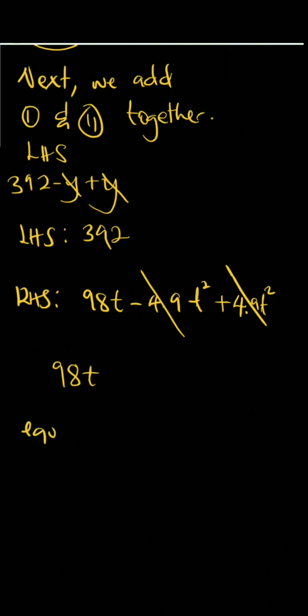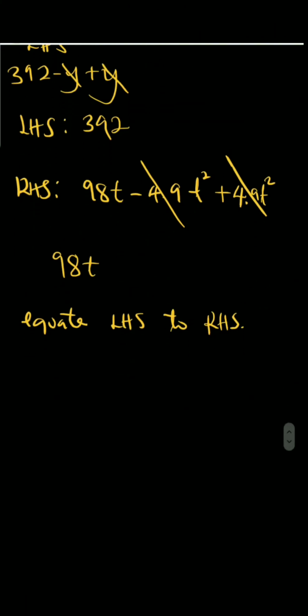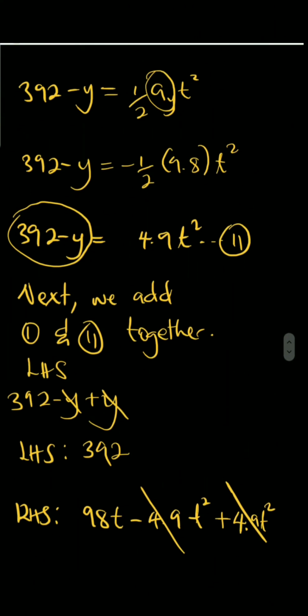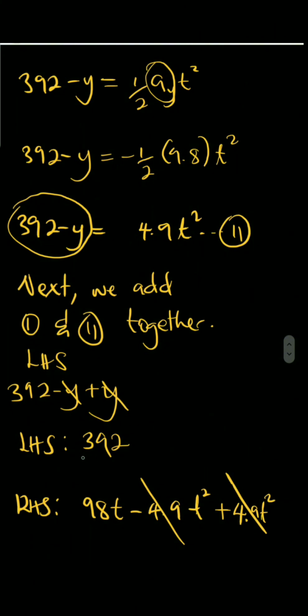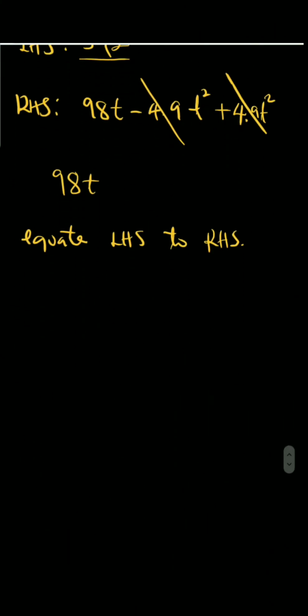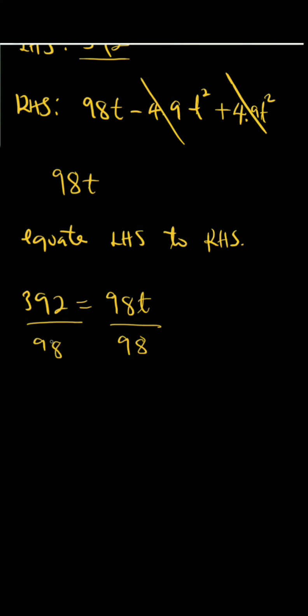Now we equate the two sides: the left hand side, 392, to the right hand side, 98t. So we have 392 equals 98t.